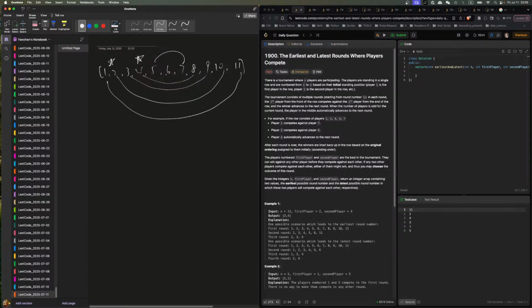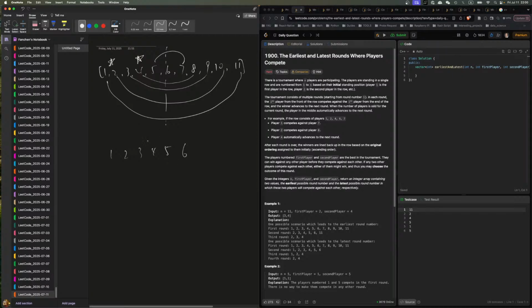So let's say if we want to put them on opposite sides, which means, because they're currently on one side, we need to have people on the left hand side win, right? So we need to let the left hand side win. So after this round will be 1, 2, 3, 4, 5, 6. Everybody on the left hand side wins, right?